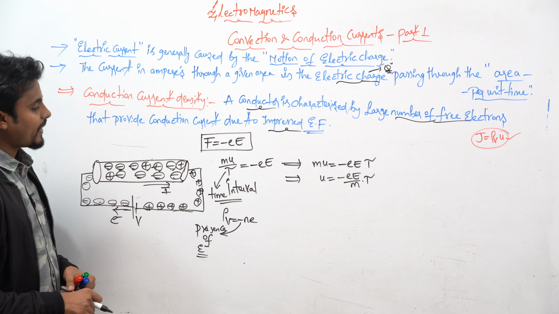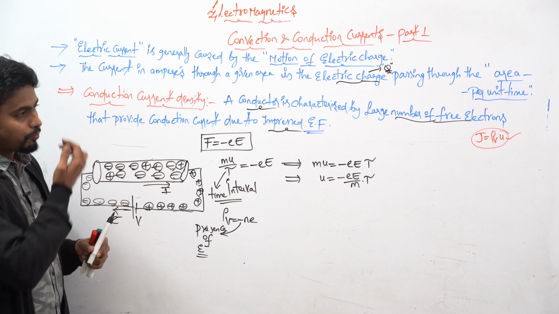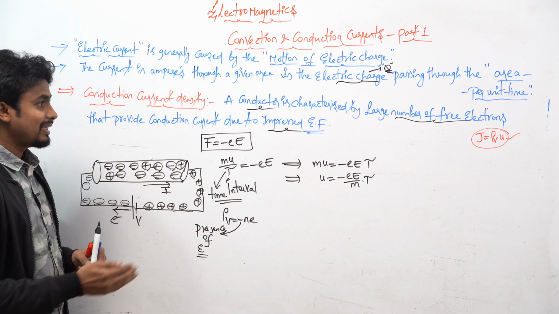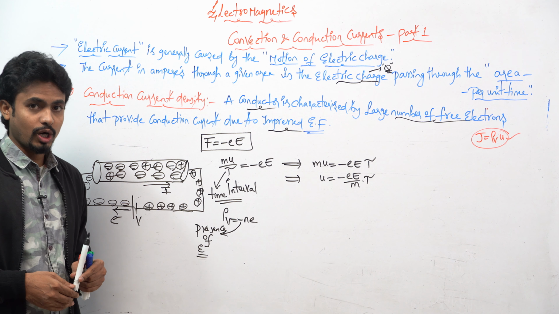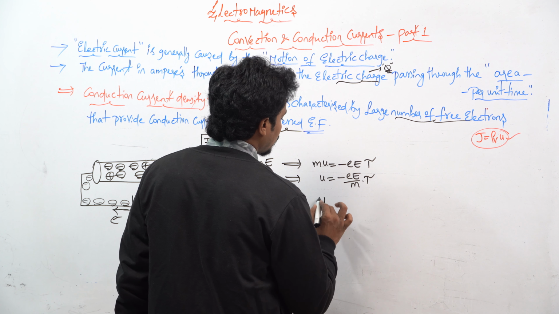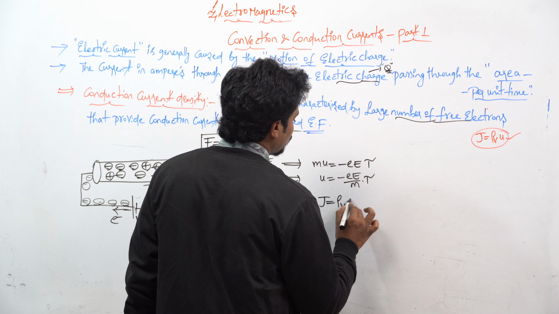Now we have to put our u as well as rho v in the current density equation. Current density equation: J is equal to rho v into u.